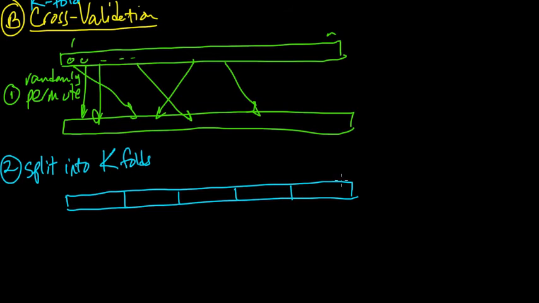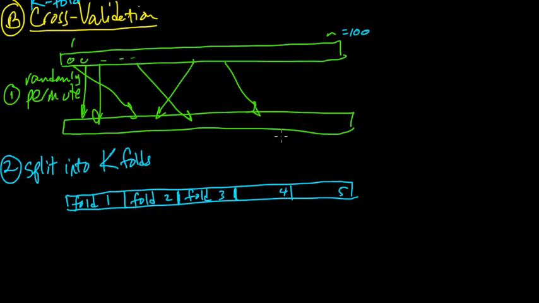parts. So if n was 100, then these would each have 20 points. This is called fold 1, this one is fold 2, fold 3, fold 4, and fold 5. So each fold is a subset of 20 points.